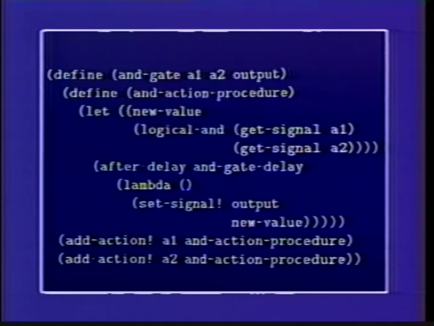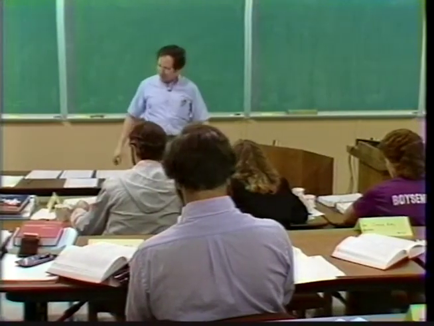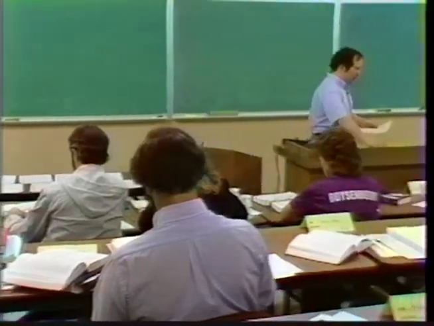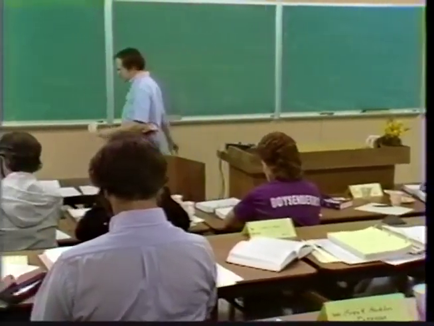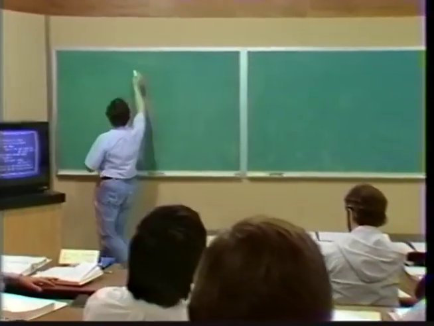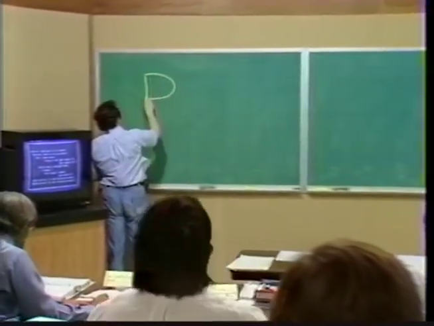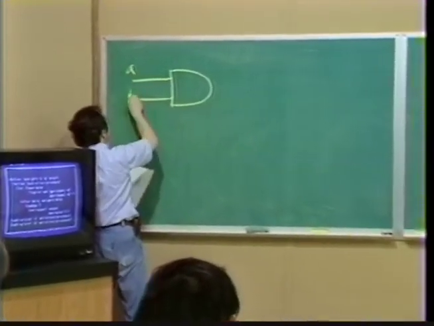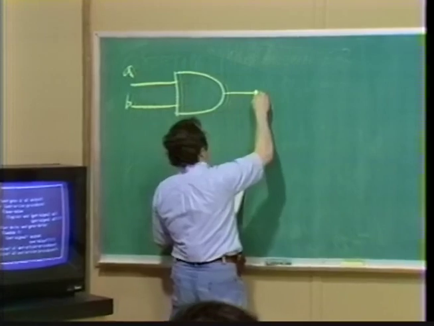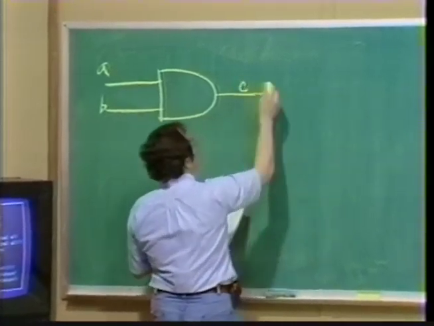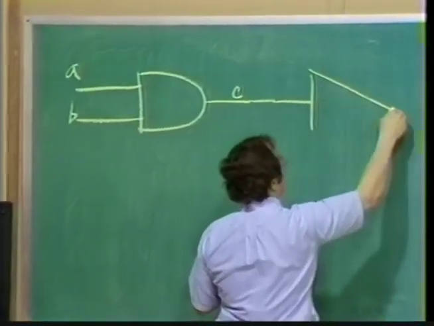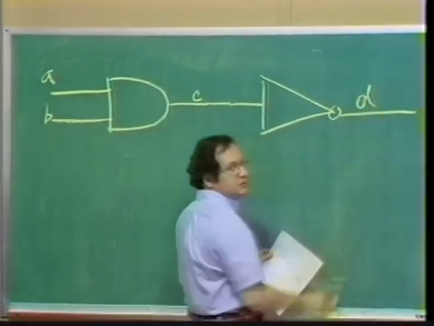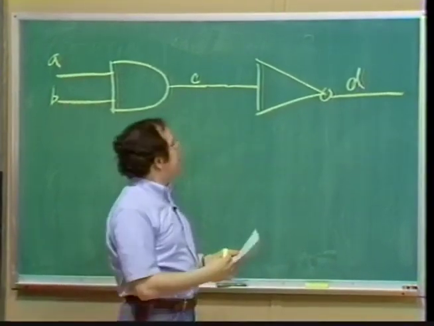Well, let's talk a little bit about this communication that must occur between these various parts. Suppose, for example, I have a very simple circuit which contains an AND with wires A and B, and that connects through a wire called C to an inverter which has a wire output called D. What are the computations?